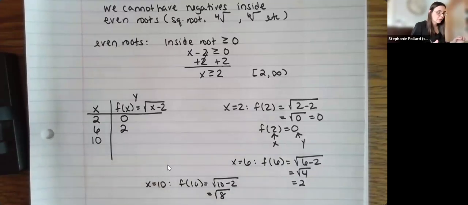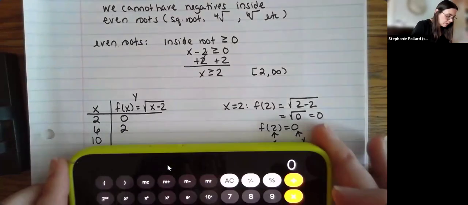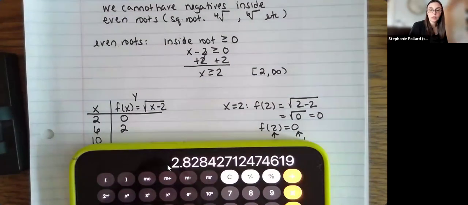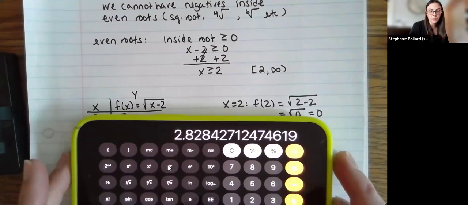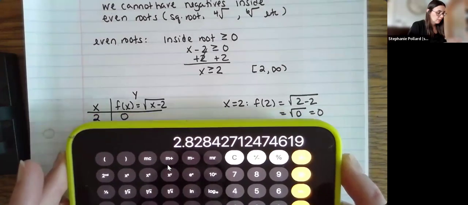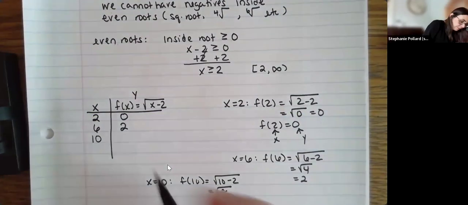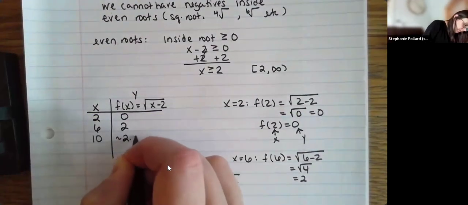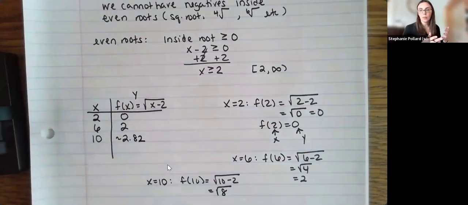And we do have a square root of 8. I could simplify that, but because I'm graphing, I'm just going to go ahead and use my calculator here. And if I do the square root of 8, I get about 2.82. So I can use that to help me graph.